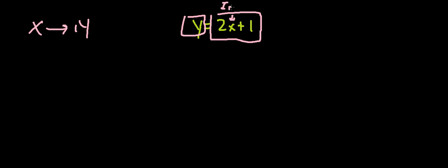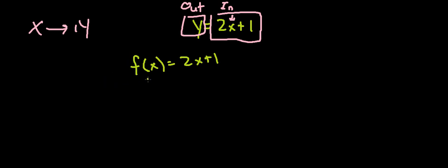In, out. The only real difference is we use function notation. So if I write this in function notation, it would be f of x is equal to 2x plus 1.